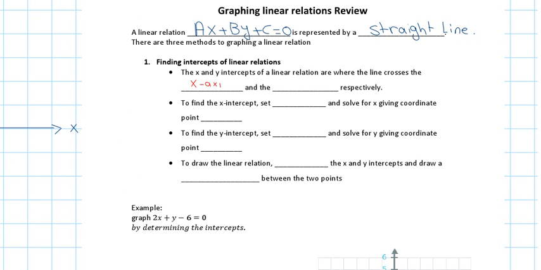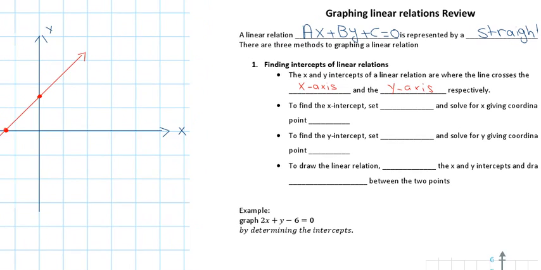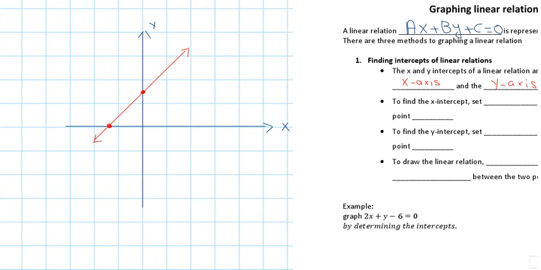Now I want you to look at this. We said that this is your x-intercept. This is where the line is intersecting the x-axis, right? If I look at this point here, what would it be? Let's say this is 1, 2, 3.